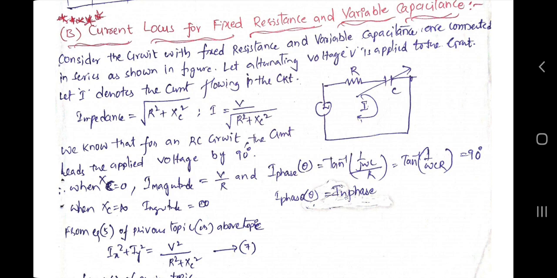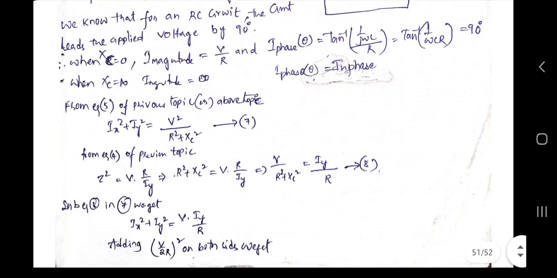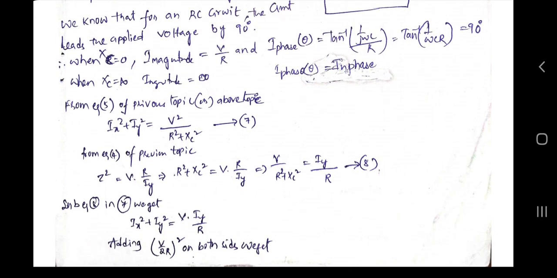If we take the capacitive reactance equal to infinity, then the magnitude tends to infinity automatically. From equation 5 of the previous topic, Ix square plus Iy square is equal to V square by R square plus X square.